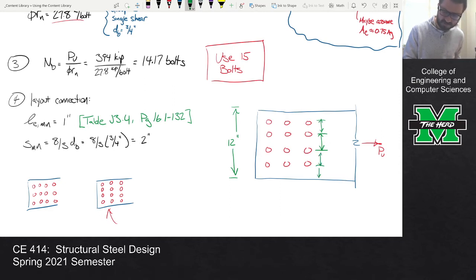Let's assume that it's evenly spaced. So that's 5 of them, right? So what's 12 over 5? That's 2.4 inches. So we could do that because 12 divided by 5 is 2.4, and that meets our minimum spacing requirement, right? Our bolts can't be closer than 2 inches apart, so we could do that. So why don't we try that? Let's try it.